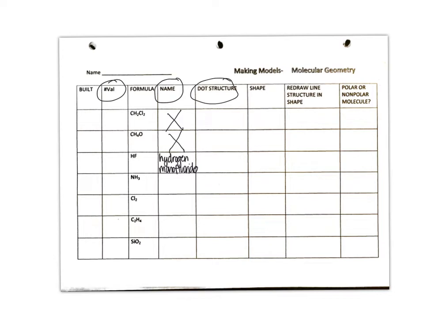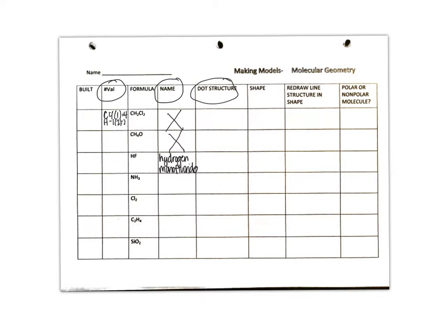So when we're looking at CH2Cl2, carbon has 4 valence electrons, and I only have 1 carbon, so it's contributing 4. Hydrogen has 1 valence electron, and I have 2 of them.